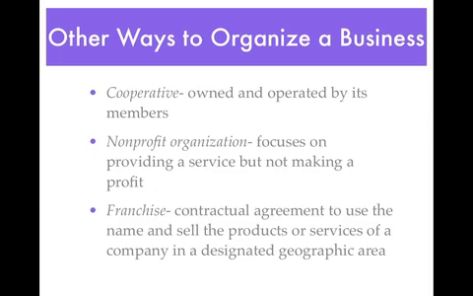And then lastly, some other ways to organize a business. A cooperative, also known as a co-op, is when the organization is owned and operated by its members. Groups of businesses, such as farms, will pool their resources and form a cooperative, and the purpose is to save money on the purchase of certain goods and services.